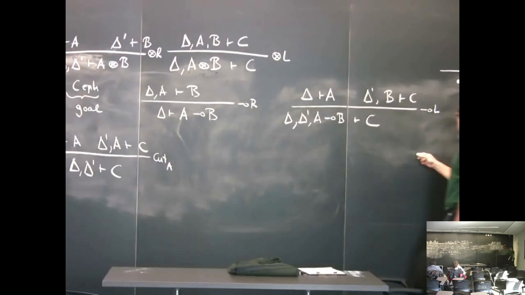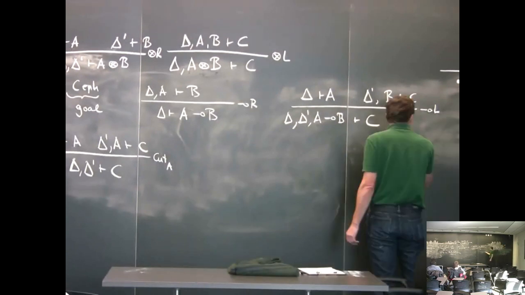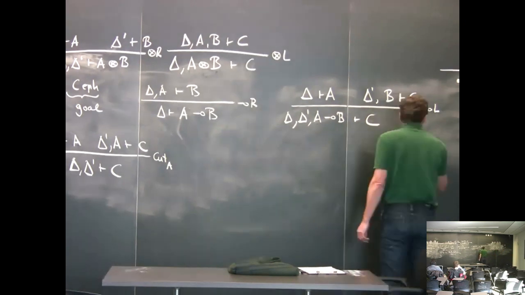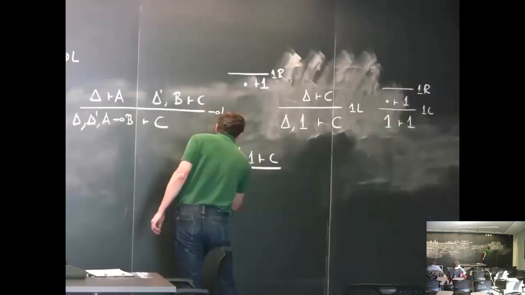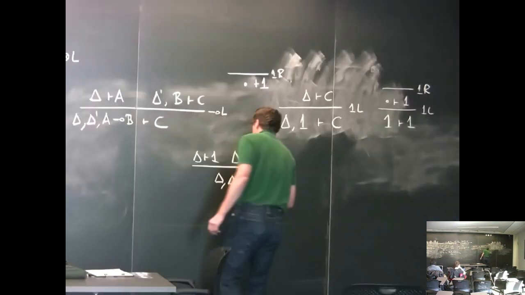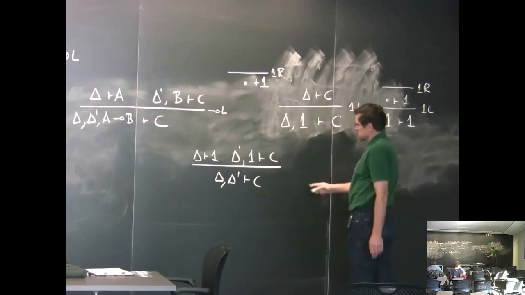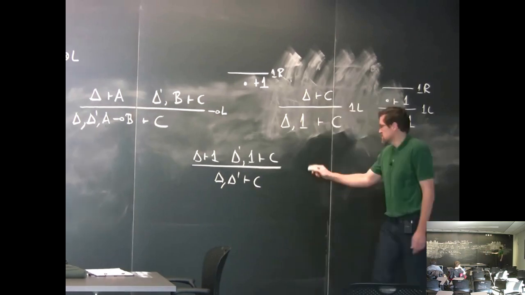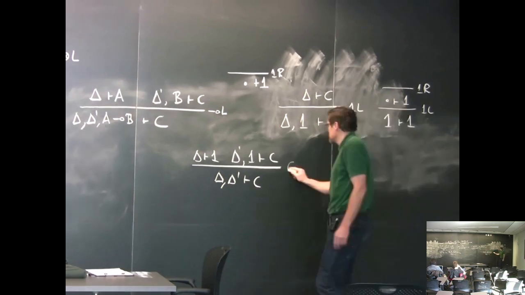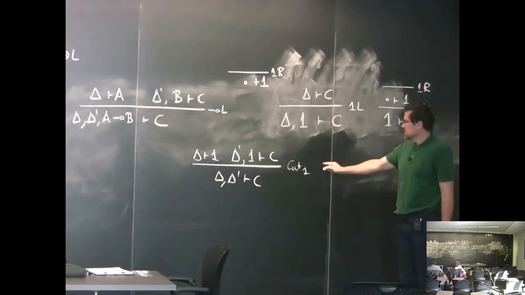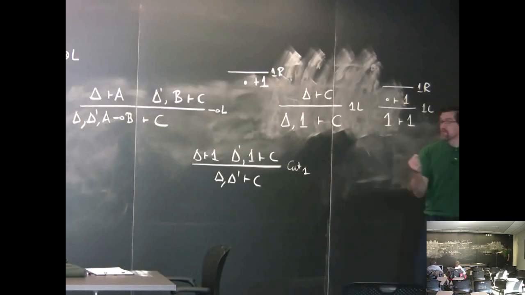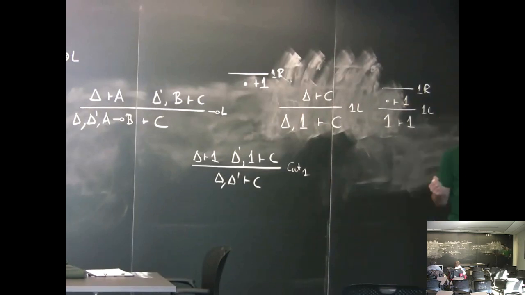The other one would say if I have a cut that uses 1, so from delta I can prove 1, and from delta prime and 1 I prove C, then from delta together with delta prime I can prove C. So can I reduce this to a cut? This is a cut on 1. This is an identity on 1. Can I reduce this to a proof that doesn't use 1?